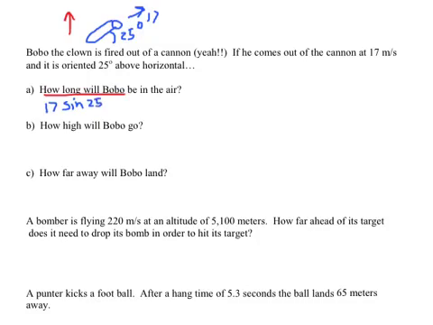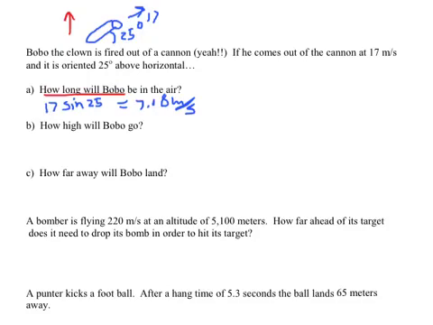And once again, make sure you're in degrees, not radians. That gives me a vertical velocity of 7.18 meters per second. Okay, but that's not how long he's in the air, that's how fast he's going vertically.